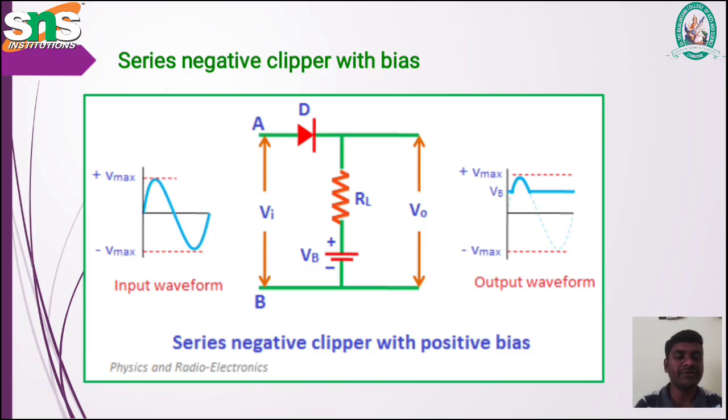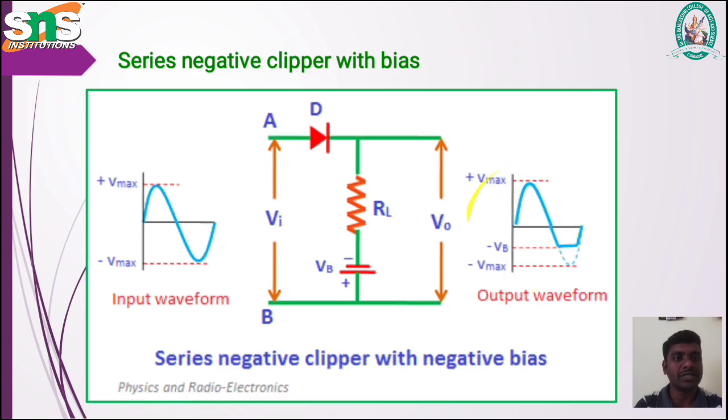If you use positive bias, you will get a waveform like this. If you use negative bias, you will get a waveform like this: the full positive half and half of the negative half cycle of the waveform as output. This is the series negative clipper with negative bias.